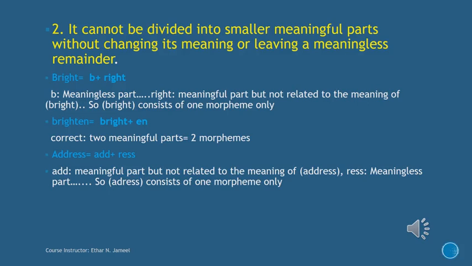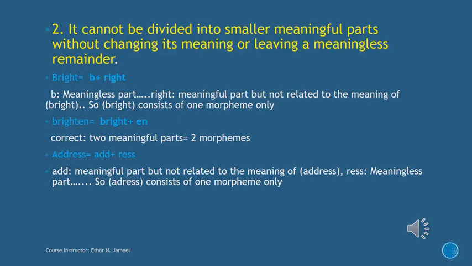Bright means shining, and brighten means to shine. En means to make. So, brighten means to make shine, to make something bright. So both parts are related in meaning to the word brighten.